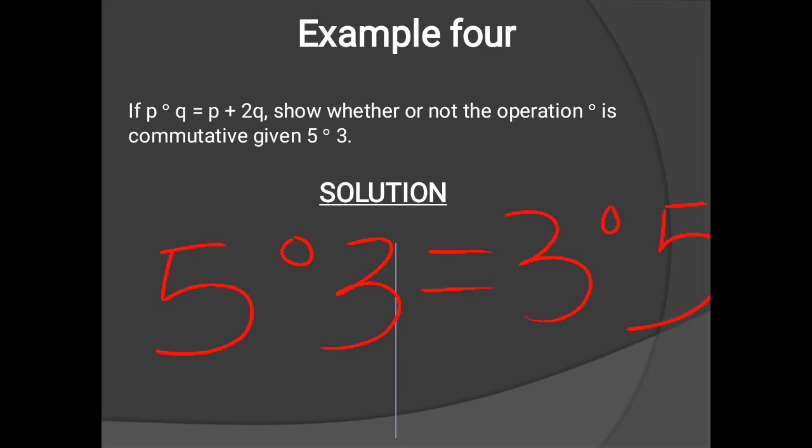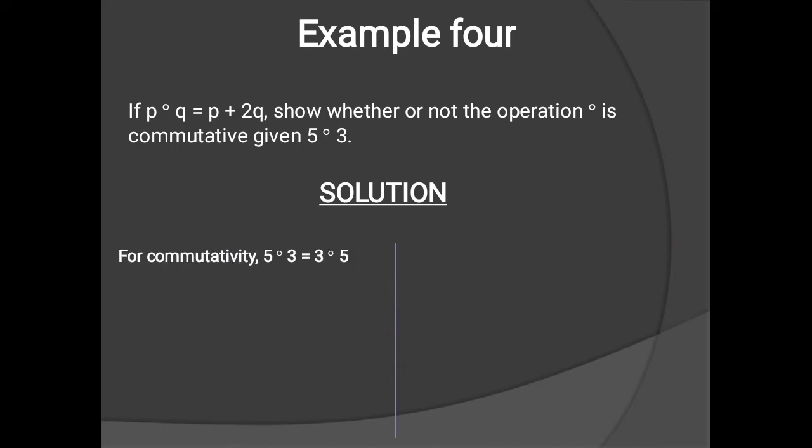If you solve 3 operation 5 using the same rule, it should give us the same answer. So now let's see if that is the case or not. So for commutativity, 5 operation 3 should be equal to 3 operation 5.